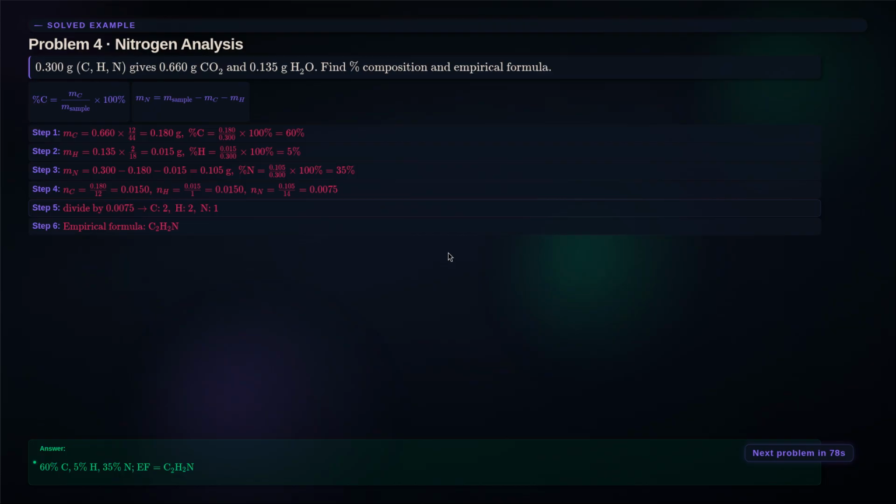Mass of hydrogen is 0.135 times 2 divided by 18, which equals 0.015 grams. The percentage of hydrogen is 0.015 divided by 0.300 times 100%, which equals 5%. Mass of nitrogen is found by subtraction, 0.300 minus 0.180 minus 0.015 equals 0.105 grams. The percentage of nitrogen is 0.105 divided by 0.300 times 100%, which equals 35%.